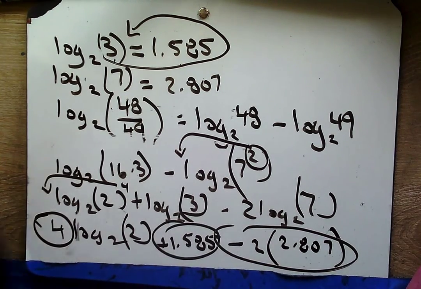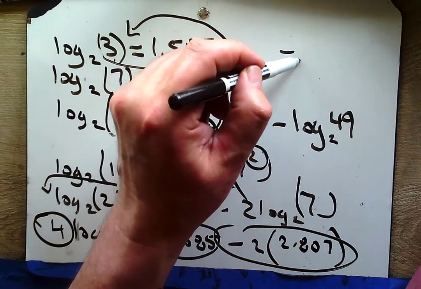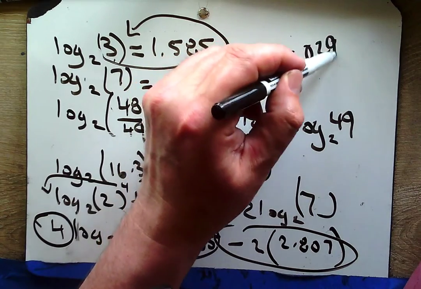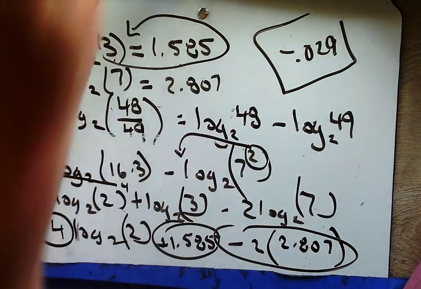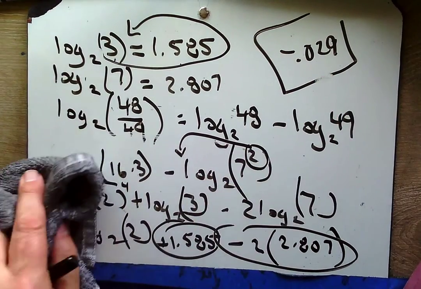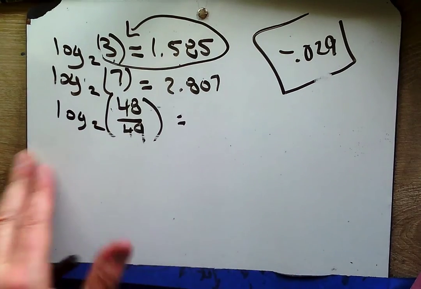And that's going to be 4 plus 1.585 minus 2 times 2.807. And I get negative 0.029 as my answer.